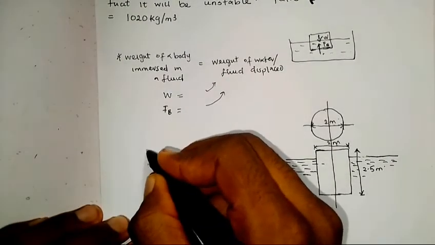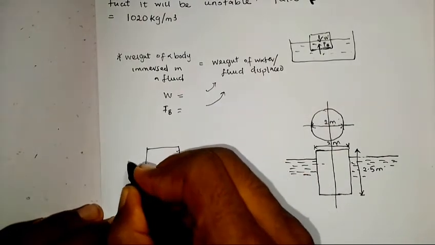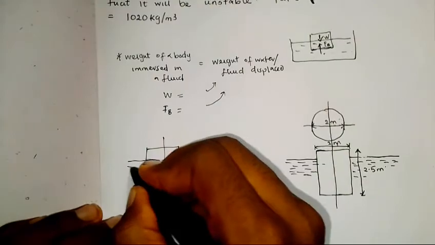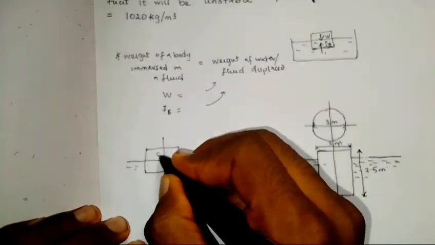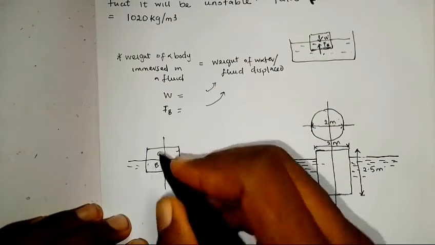Now, take for instance, this is a body in a fluid. We have the center of gravity, where the weight is acting, and we have the center of buoyancy, where the force of buoyancy is acting.